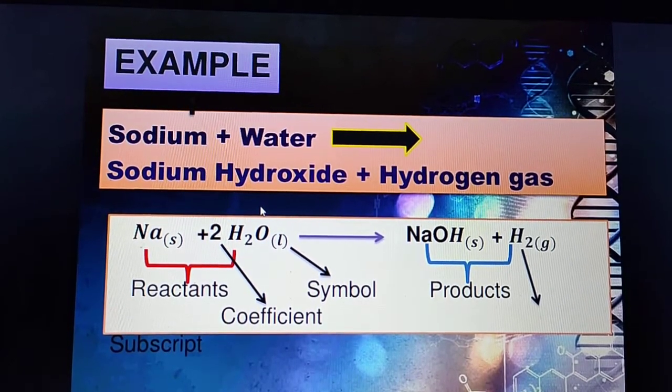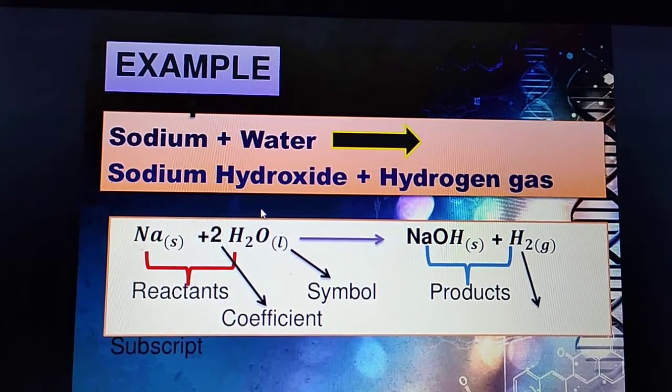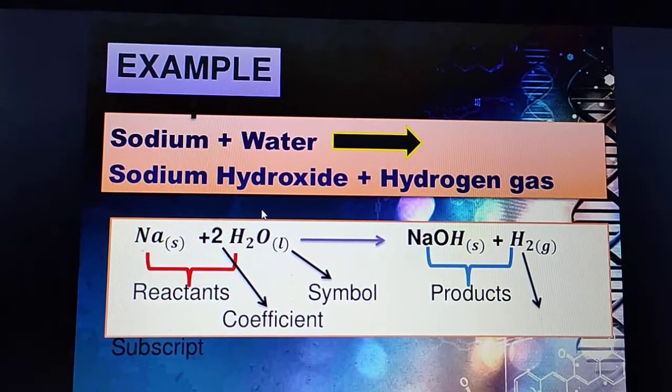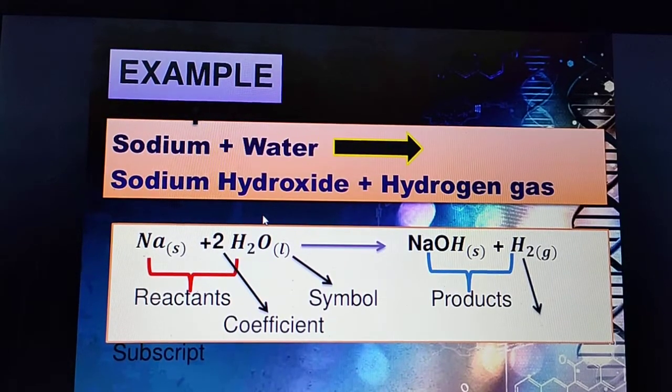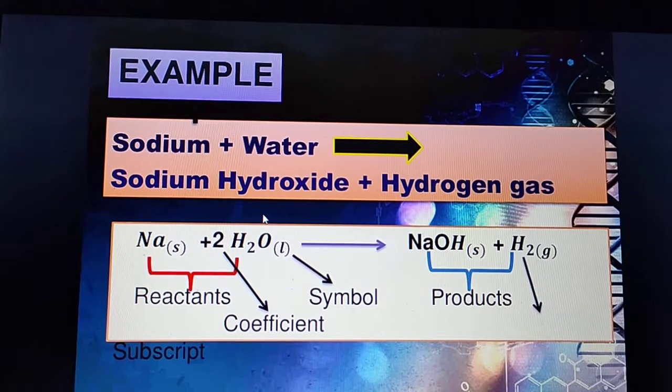The two sides, reactants and products, are separated either by a sign of equality or an arrow. I am using an arrow here. This makes it clearer which substances take part in the reaction and which are formed.